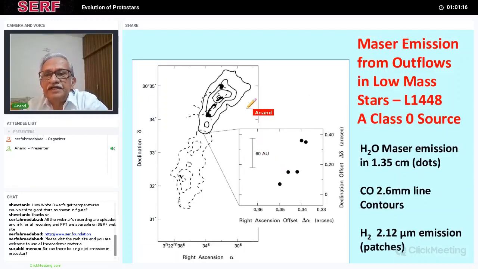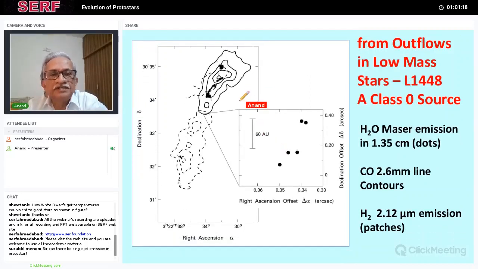This is a low mass star again, just to show that low mass stars also give you maser action. So this is one jet here, this is another jet here. Okay, this is going this way, this is going this way. And here in the central region, around the low mass protostar, shocks are there. So shocks can excite these.